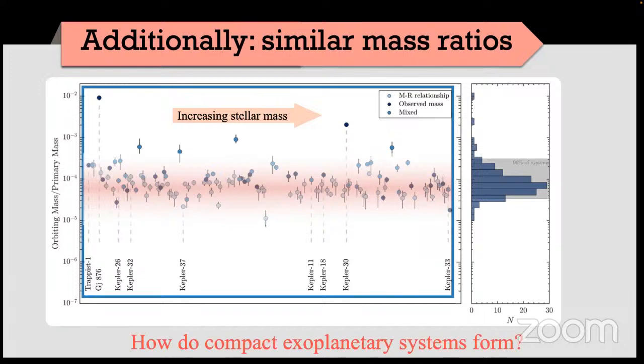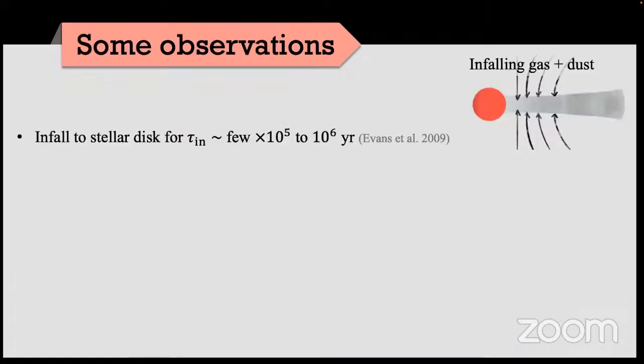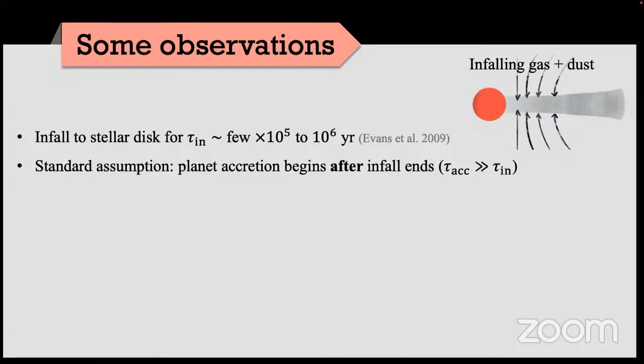So an important question to ask: how do these compact exoplanetary systems form, and why do they have this unique characteristic? I'll start with a few observations. The infall from the molecular cloud to the stellar disk typically will last a few 100,000 years up to 1 million years. And the standard assumption is that planetary accretion begins only after the infall ends.